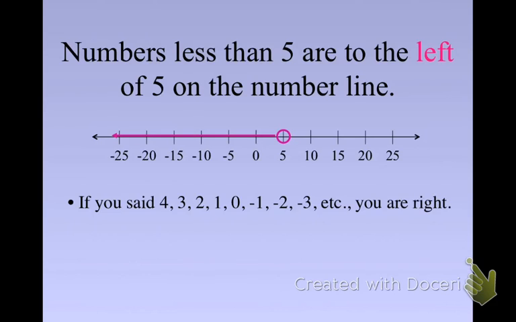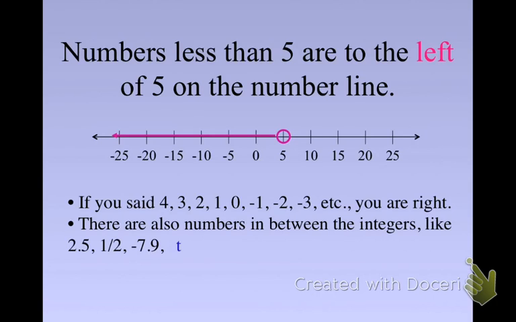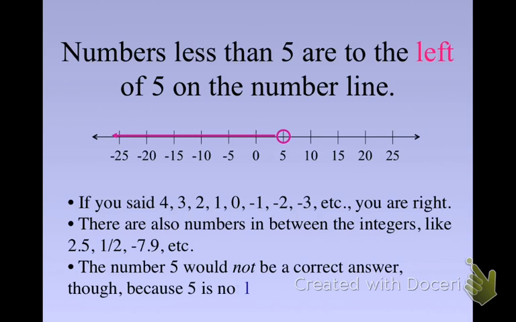So if you said 4, 3, 2, 1, 0, -1, -2, etc., you're right. And then all of the decimals in between, since it's a solid line. So those are integers, but all the numbers in between the integers, like the decimals and fractions and so forth. The number 5 would not be a correct answer, though, because 5 is not less than 5.